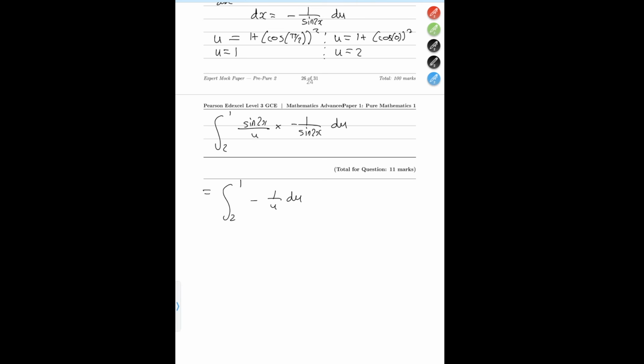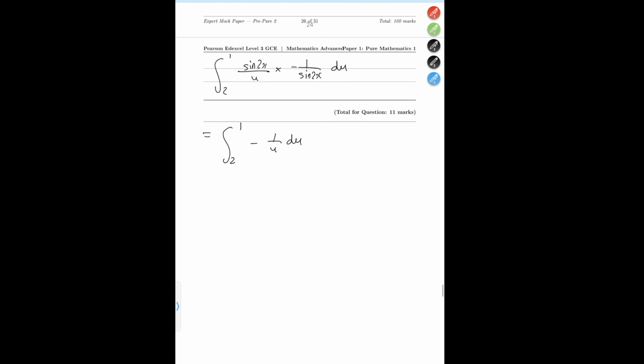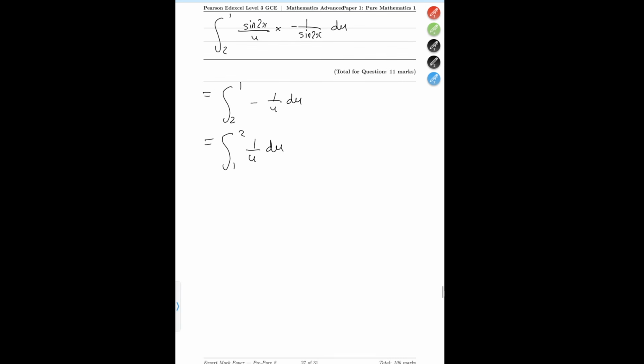However, you might be thinking our bounds are the wrong way around. So why don't we flip the bounds now? We can put the 2 on the top and the 1 on the bottom. If we're going to do that though, you must also flip the sign. So we're going to swap the bounds, but also swap the sign. So we get 1 over u du.